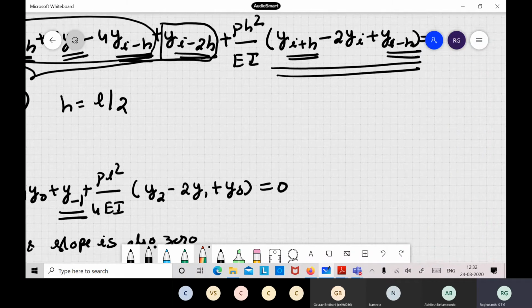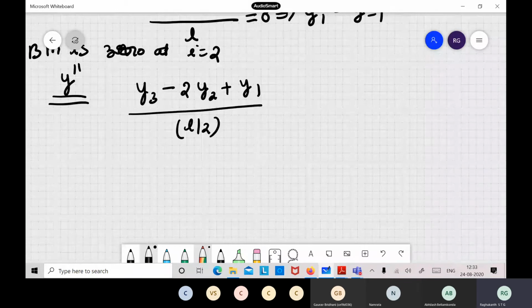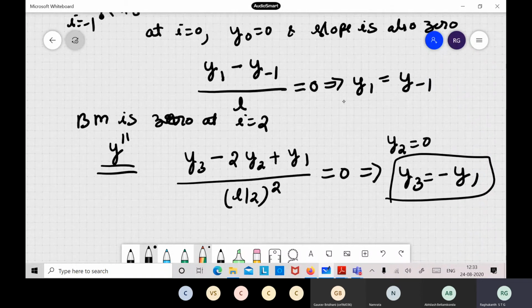So at I is equal to 2, we write y3 minus 2 times y2 plus y1, divided by h squared, where h is L by 2, the whole square, is equal to 0. Anyway y2 is equal to 0 because displacement is 0, since it is a hinged case. So y3 is the same as minus y1. This is how we obtain these imaginary conditions here.